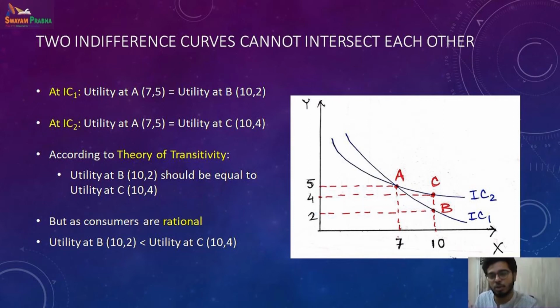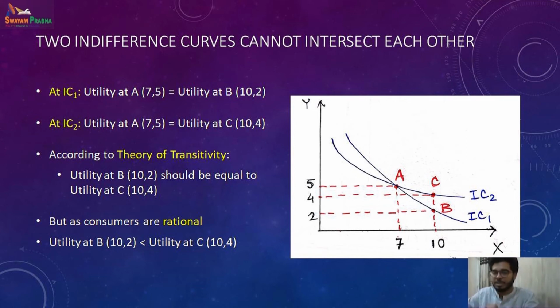At IC2, they are intersecting each other. At point A, you have 7 of x and 5 of y. At point C, you have 10 of x and 4 of y. Again, they belong to the same indifference curve, which means they also have a similar amount of satisfaction.